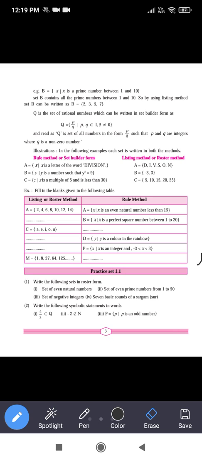After 8 there is 27, after 27 there is 64, and after 64 it is 125. So these are the perfect cubes of the natural numbers 1, 2, 3, 4 and 5. The elements in set M are perfect cubes of the natural numbers 1, 2, 3, 4 and 5.